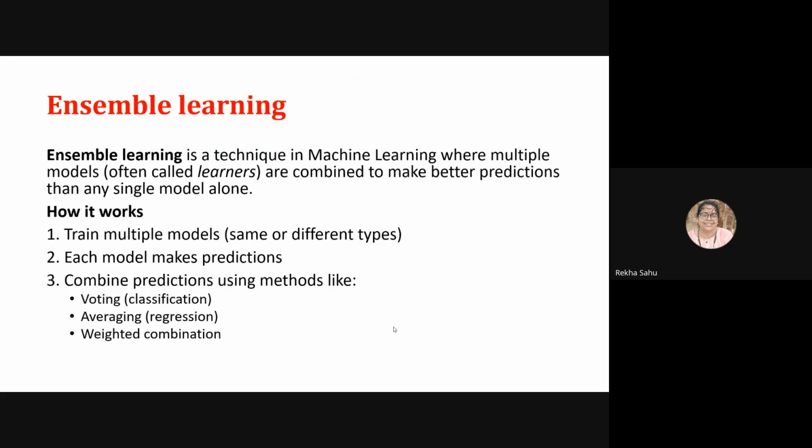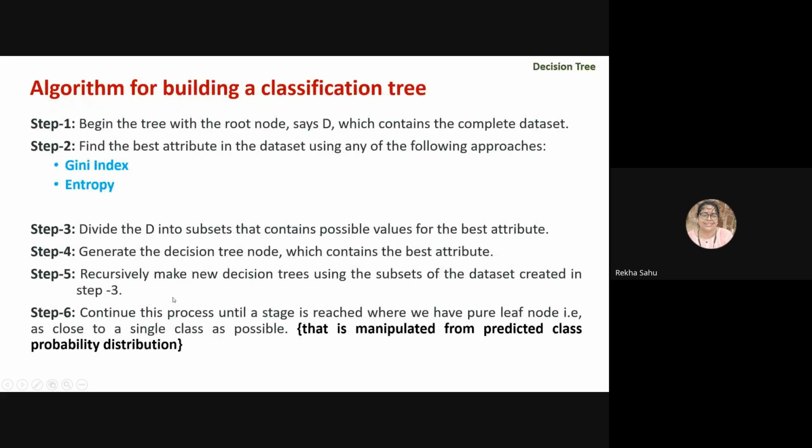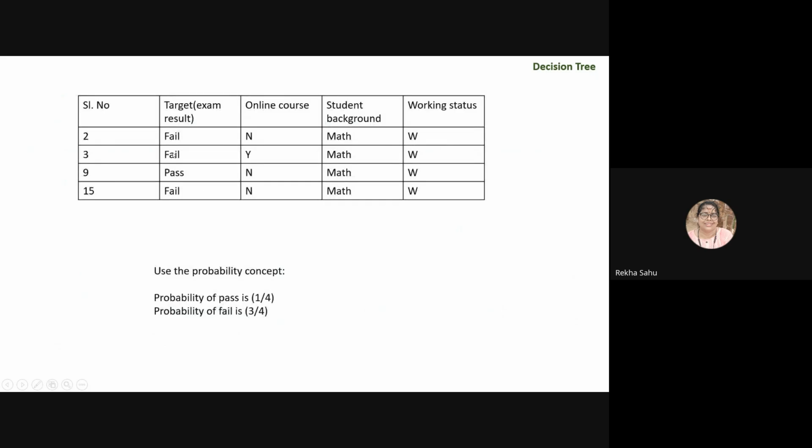So this is about how you make the decision tree. If you have a small amount of data like this, you can do it with pen and paper or use a calculator.